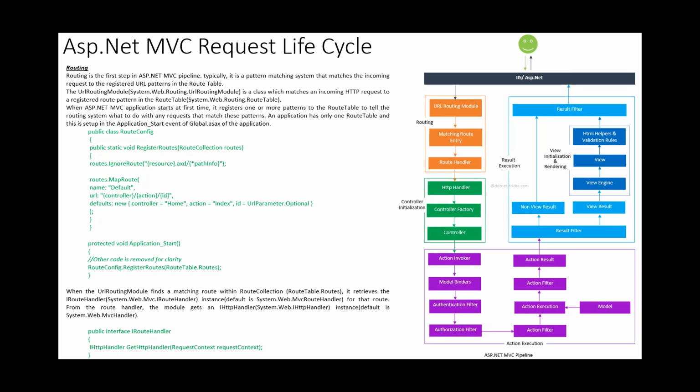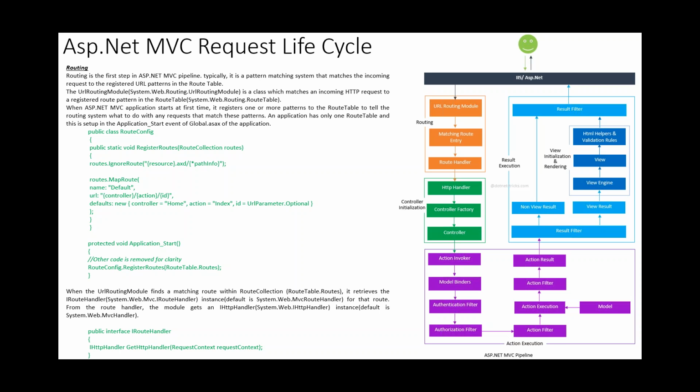So this result filter again handles a view or non-view action. If it has a view, that respective view has to be loaded, so you will have a view engine. The view engine will identify which view has to be executed, and then that view will be rendered with all the HTML helpers and validation rules processed.